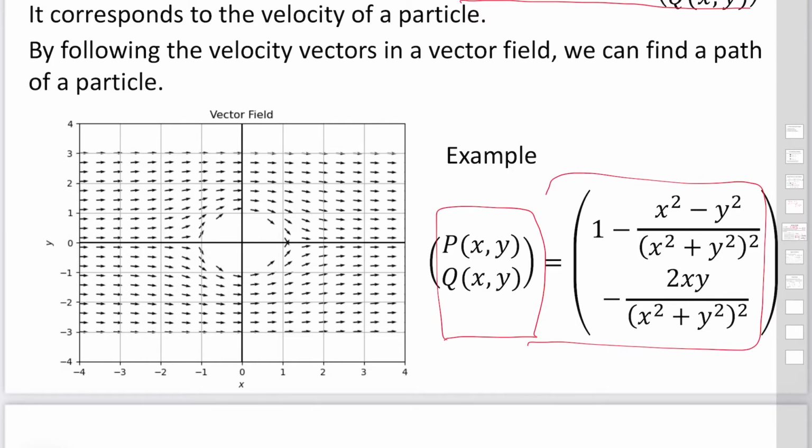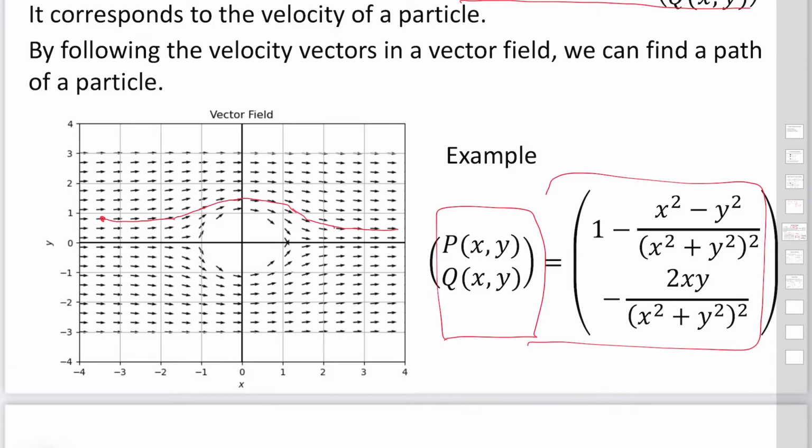Then we draw a number of short arrows. By following these short arrows, for example, if we consider a particle starting at this point, you can find that this could be the path of the particle.